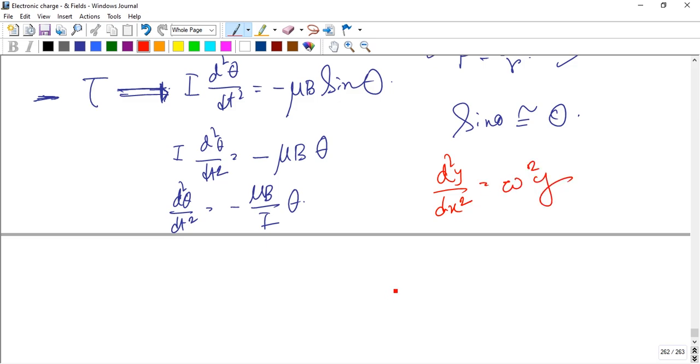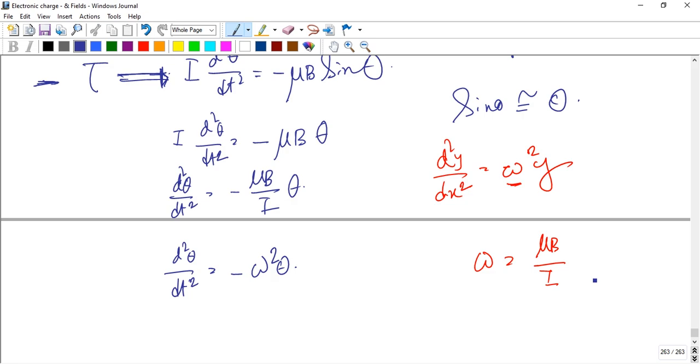So here, if you consider omega square equal to mu B by I, the final expression we get is d2 theta dt2 equals minus omega square theta.